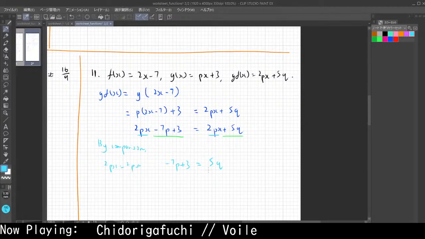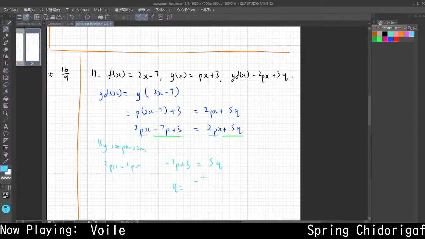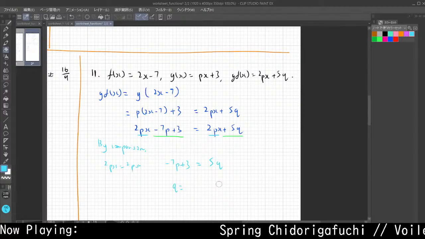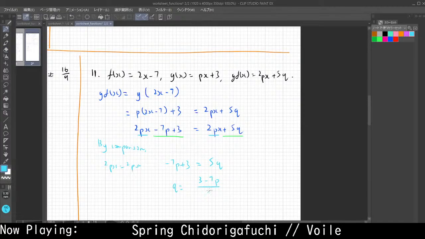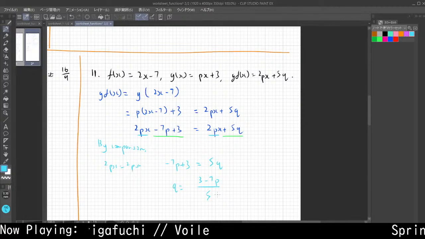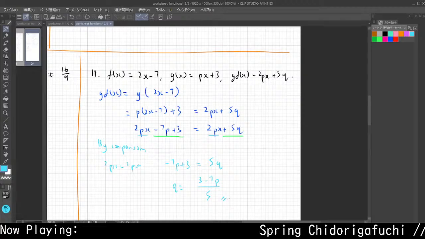The 5 you move over, so q will be equal to negative 7p plus 3 over 5, or if you want to make it nicer you can rearrange it to get 3 minus 7p over 5. You can't simplify it, so nothing else you can do. Therefore this will be the answer.